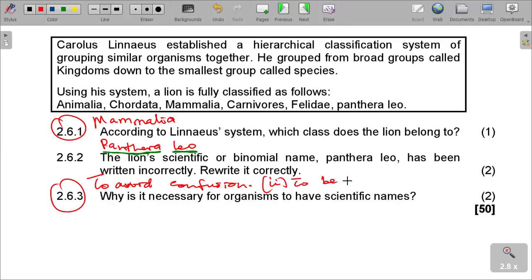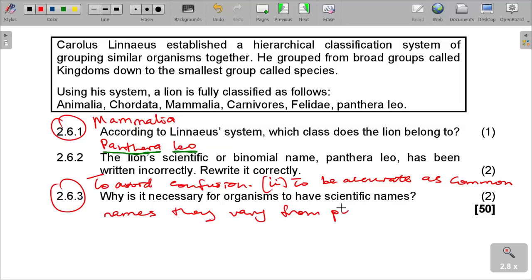To be accurate, as common names vary from place to place.